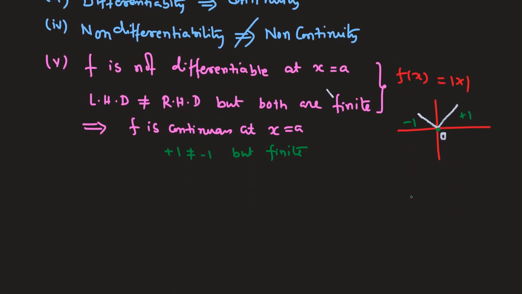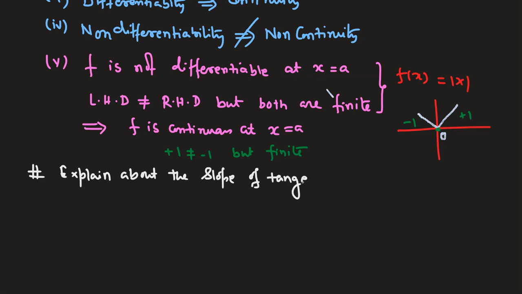Okay, now is it clear to all? Now coming to the next point that I am going to describe, we explain about the slope of the tangent at the sharp corner, then cusp and vertical tangents.